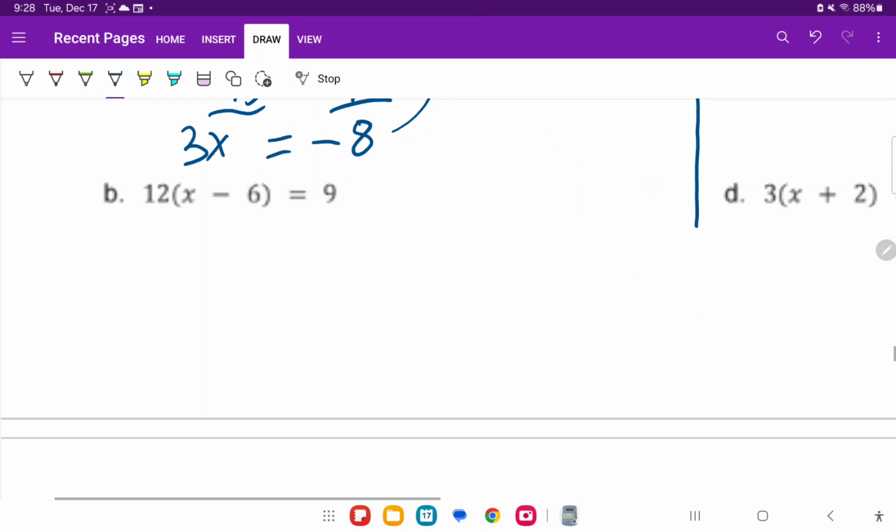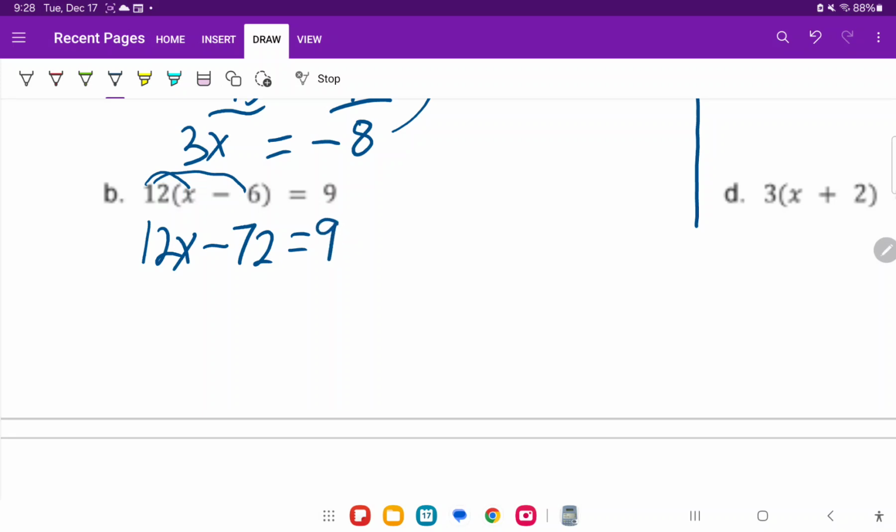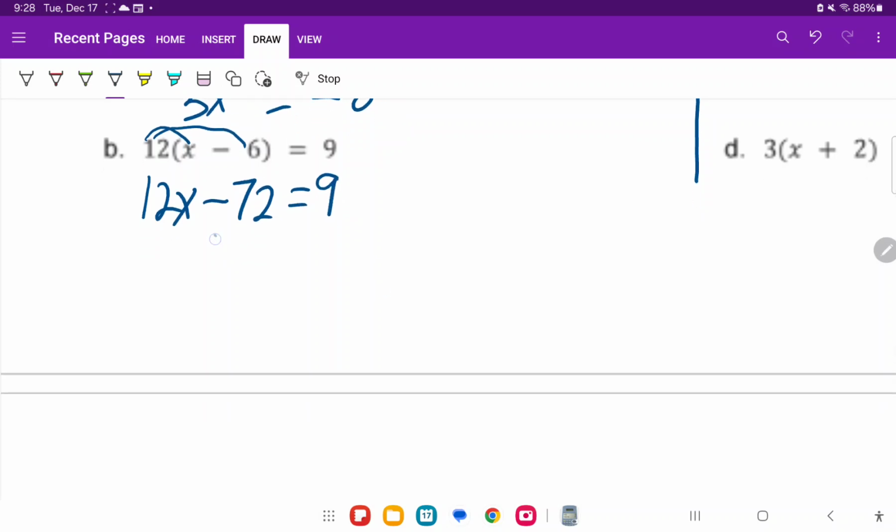Okay, so then on letter B, 12 times x is 12x. 12 times negative 6 is negative 72. Bring down your equals, bring down your 9. So now I need to add the 72 so that I can get the x term all alone. So bring down your 12x, bring down your equals, and then combine that to get 81.